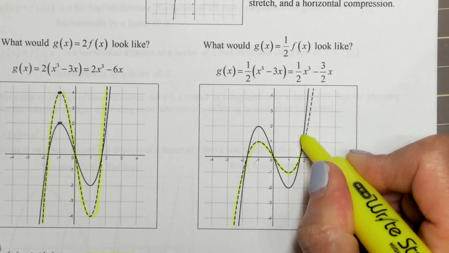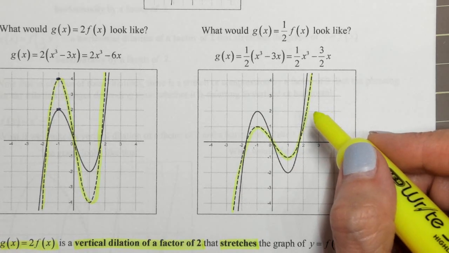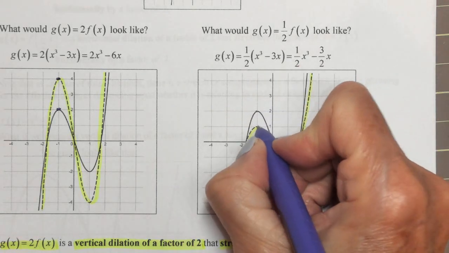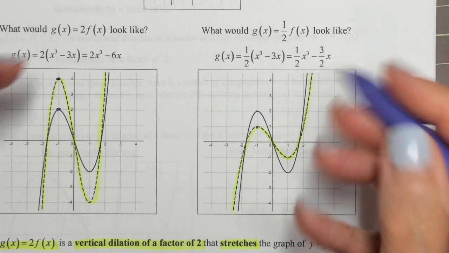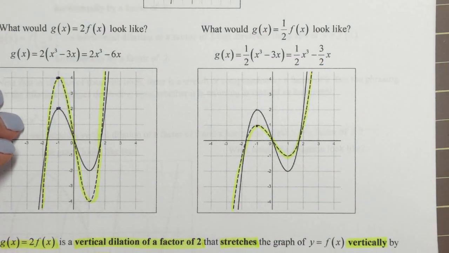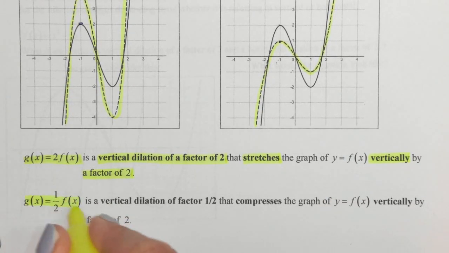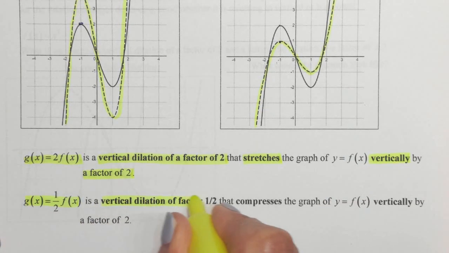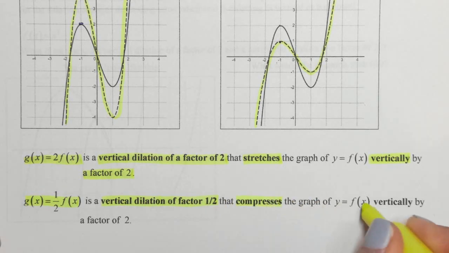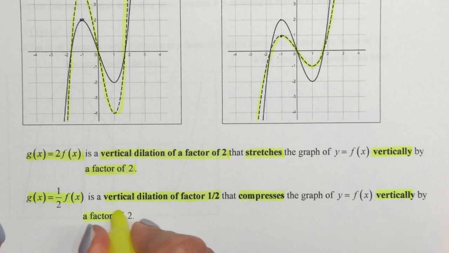So what did that do? It was still a dilation, and it was still a vertical dilation, but this time it cut the y values in half. It compressed the y values, all right? So this is called a vertical dilation of factor 1/2, and that compresses the original graph vertically by a factor of 2.